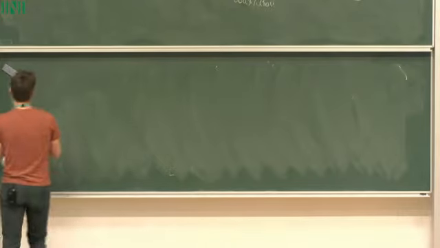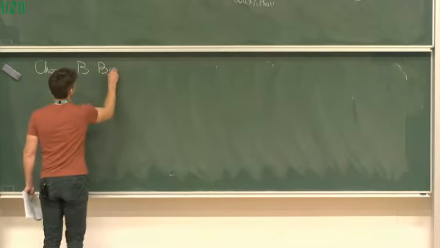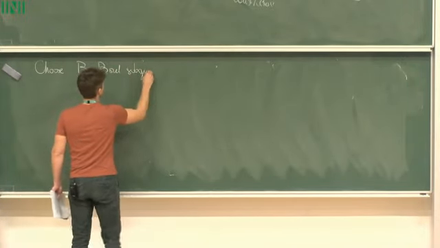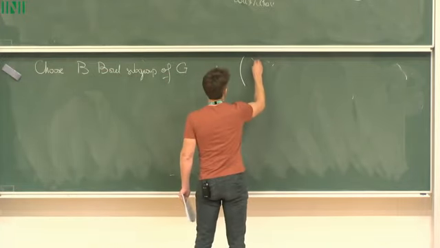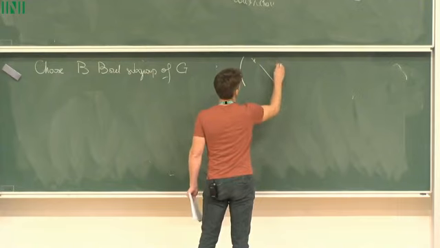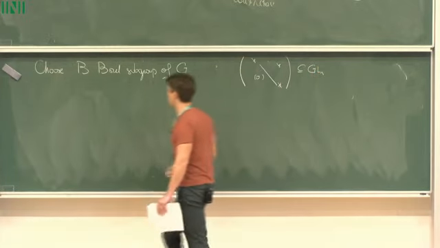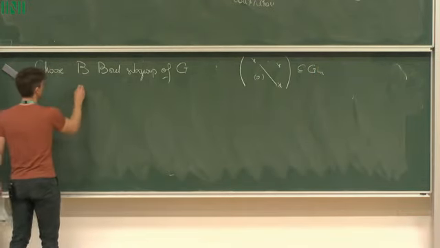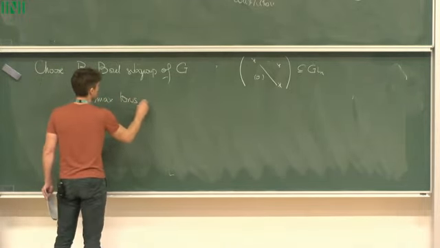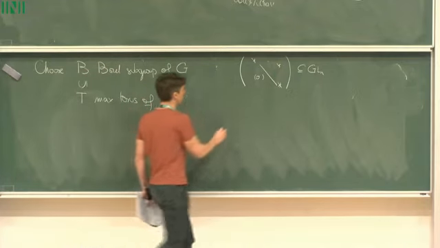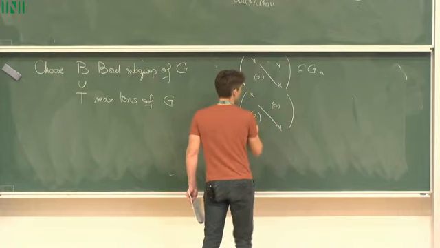I will choose a Borel subgroup of G. If I was working with GL_n, I could just take the upper triangular matrices. And a maximal torus of G, which is contained in B. Here in GL_n, I could take just the diagonal matrices, the non-singular diagonal matrices.